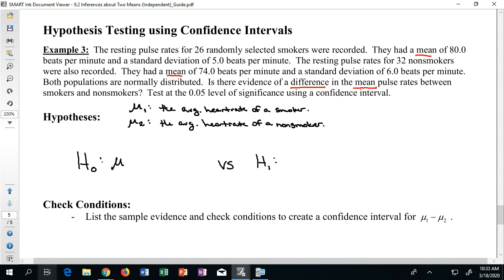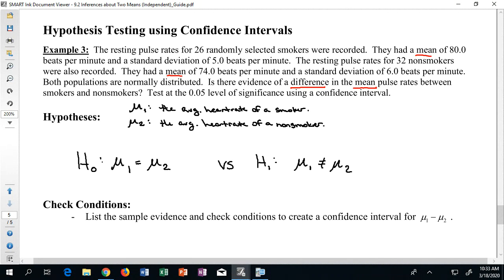For H0, I can state that mean 1 and mean 2 should be equal. But if the question is whether there is a difference in the mean pulse rates, then I would claim in my alternative hypothesis that these two things are not equal. And I'm going to have a two-tailed test to work with here.